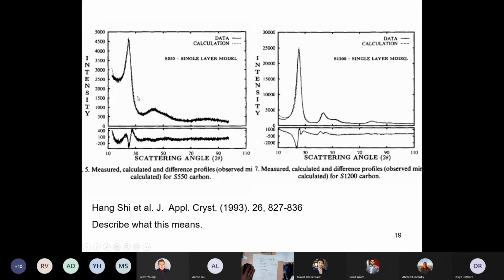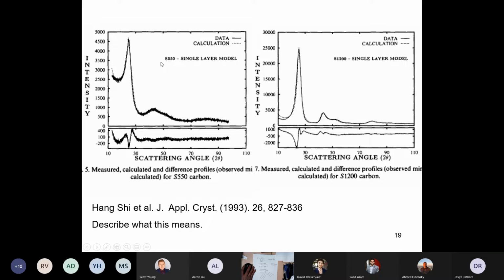And with that model, and just a few parameters, the ones I've described, you can match the X-ray patterns of carbons and then understand what's happening while they're being heat treated. So it's a really nice paper, very mathematical, but papers that follow from it that we use to interpret carbon structure as a function of heating are quite valuable.